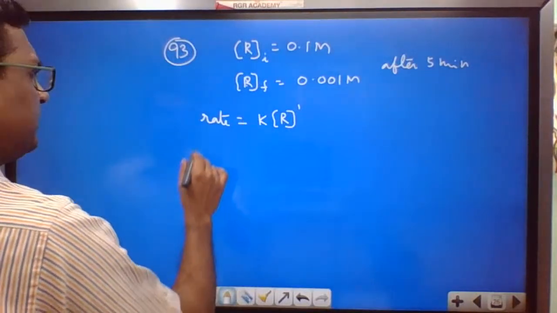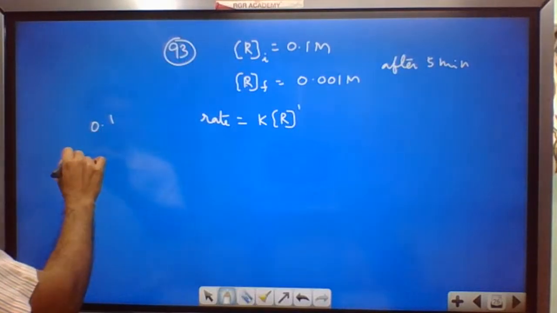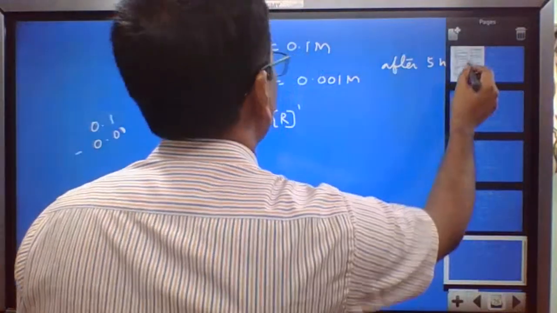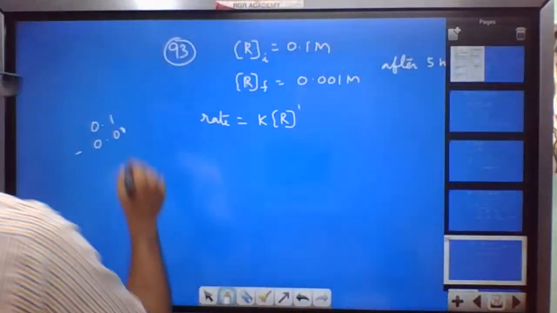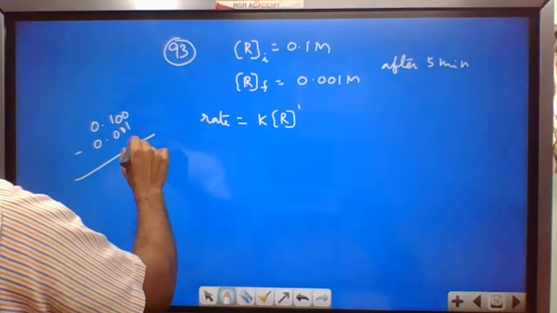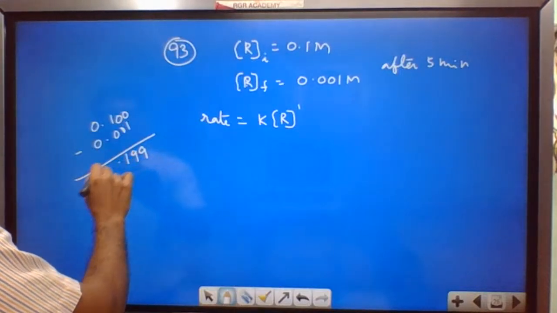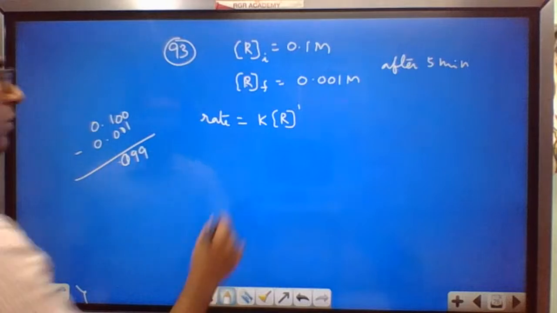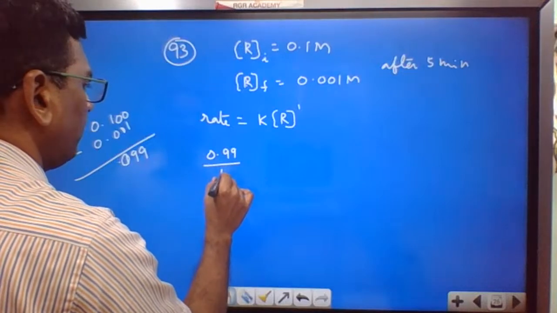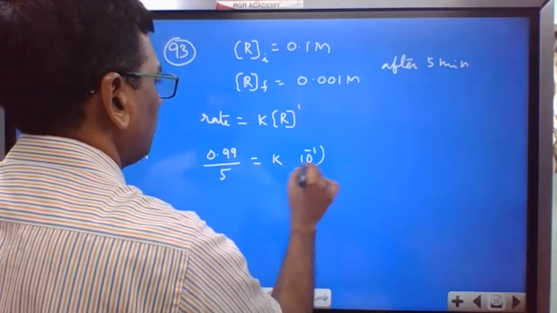You know what is rate? Change in concentration. See, 0.1 minus 0.001, so rate is 0.099 divided by 5 is equal to K into the initial concentration, 10 power minus 1, whole power 1.